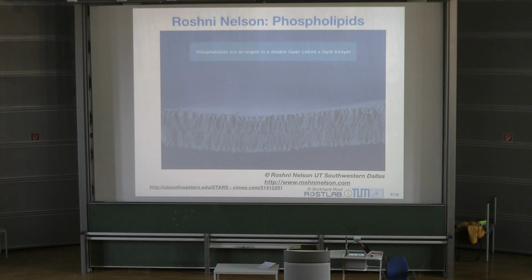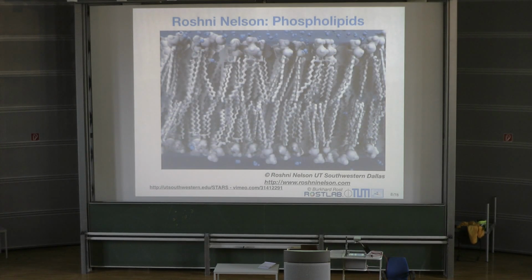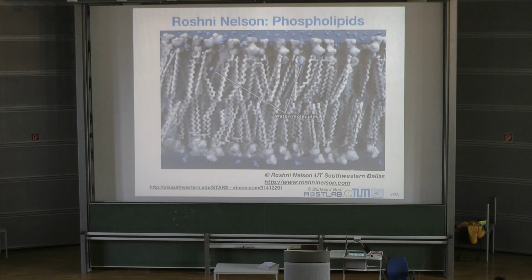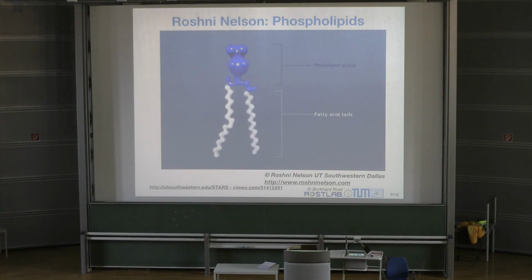The phospholipids are arranged in a double layer called a lipid bilayer. A pure phospholipid bilayer would allow a very limited number of substances to pass through. Water can be diffused across because it is so small, but this is a slow process. Each phospholipid is made up of a phosphate group and 2 fatty acid tails.